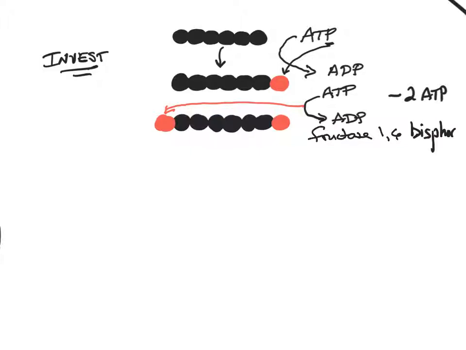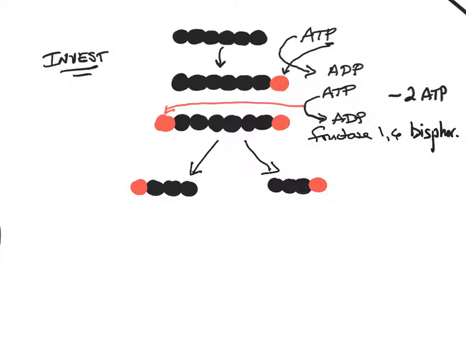Fructose 1,6 bisphosphate gets cleaved into 2 molecules, each with 3 carbons. Each of the 3-carbon molecules has 1 phosphate group attached, based on the 6-carbon molecule with 2 phosphates that it's being split from.